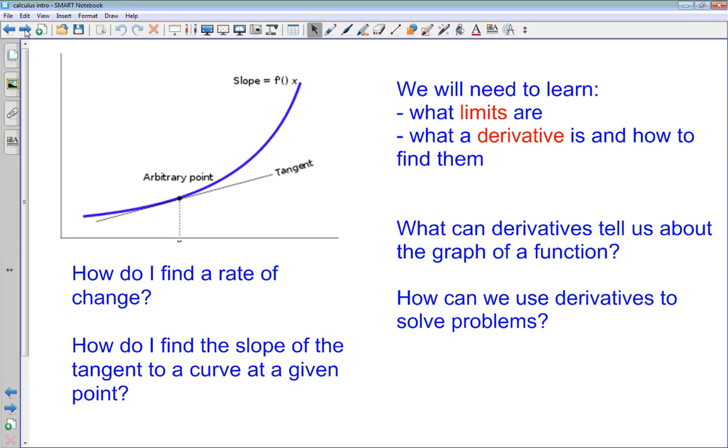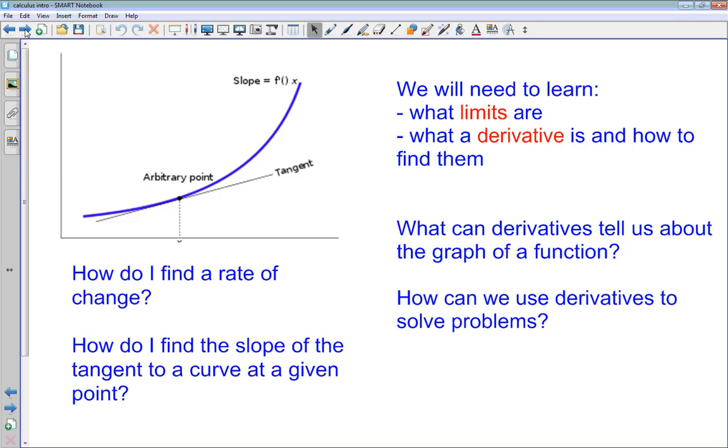So as I said, we are going to look at differential calculus. And it's going to be all about finding rates of change, or another way of saying it, how do I find the slope of a tangent to a curve at some given point? In order to do this, we are going to need to learn a couple of things. We're going to need to learn what limits are. Okay? And we're going to cover those on Wednesday. We're going to need to take a look at what a derivative is.